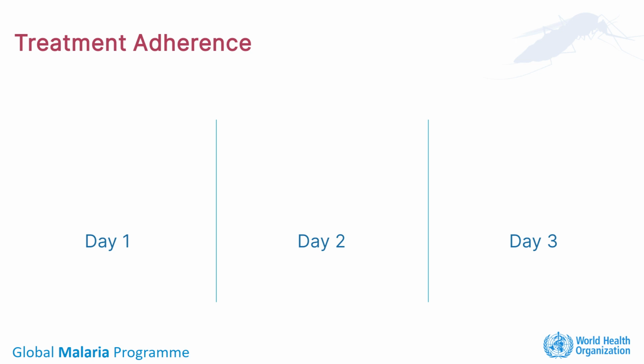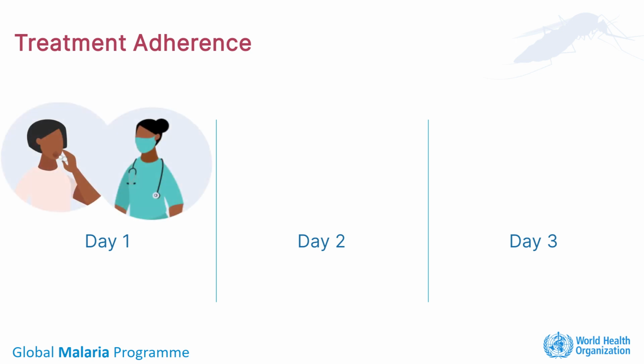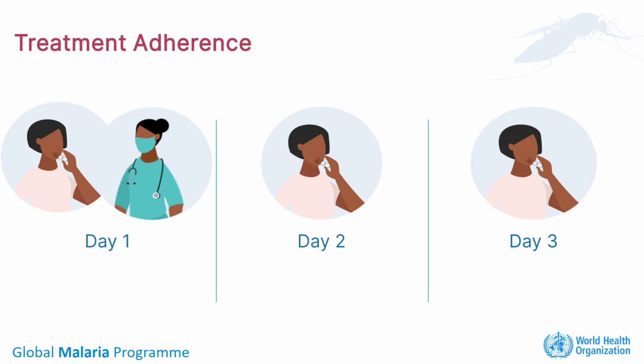Although DOT is more challenging operationally, it has been used successfully in very large-scale campaigns, including with multi-day drug regimens. As it may not be feasible to give all 3 doses of an ACT by DOT, a health worker may administer the first dose and give the remaining tablets to the person or caregiver for days 2 and 3 of the intervention, with instructions on their administration.